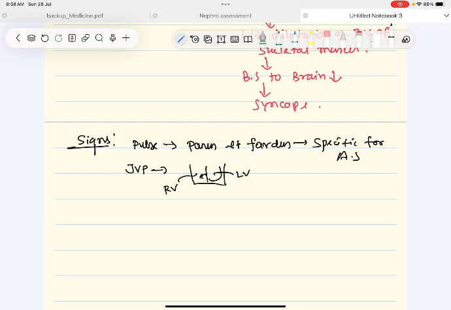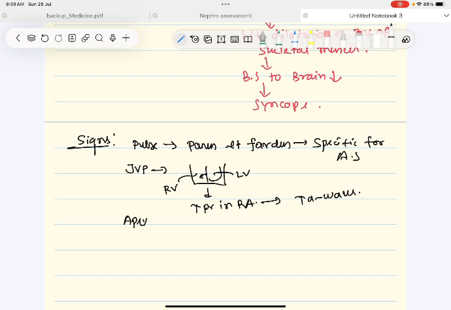As a result, right ventricular volume decreases, leading to increased pressure in the right ventricle, which leads to increased pressure in the right atrium, and right atrial pressure causes changes in the A wave. A large A wave is seen in aortic stenosis.